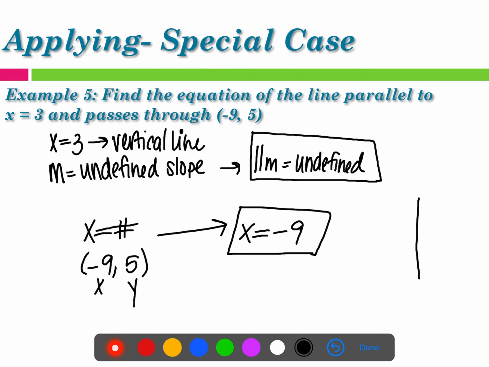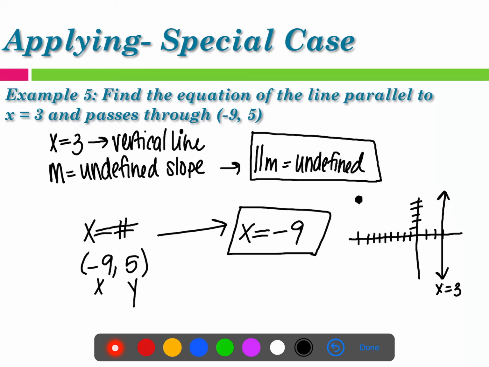Now, you could also solve this using a picture. So here's a graph for x equals 3, and here's negative 9, 5 that they gave me.